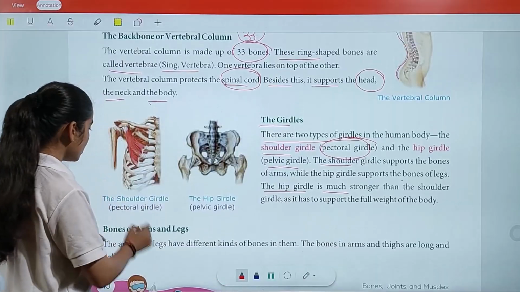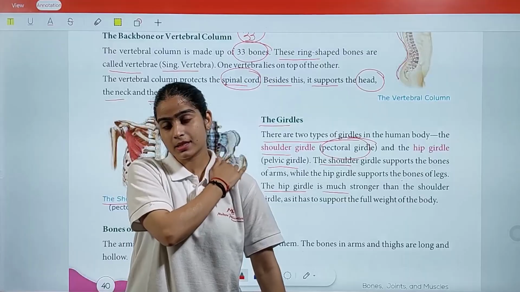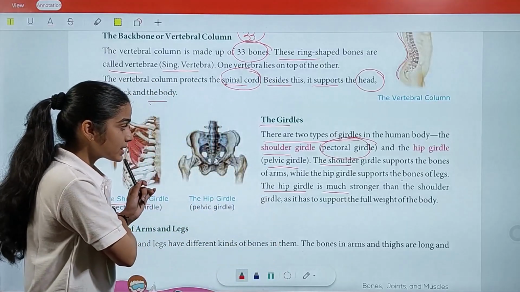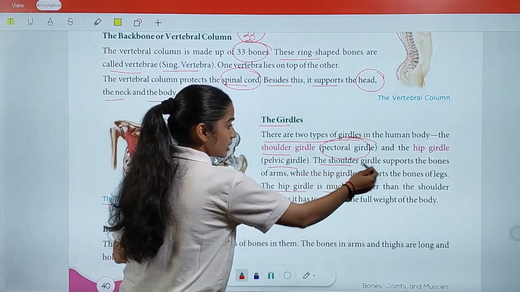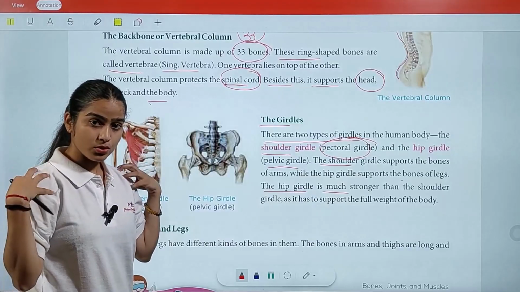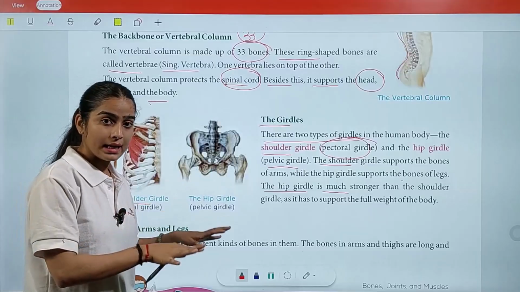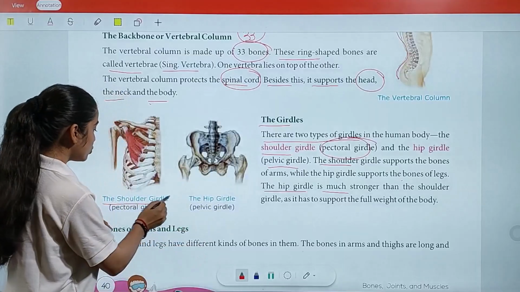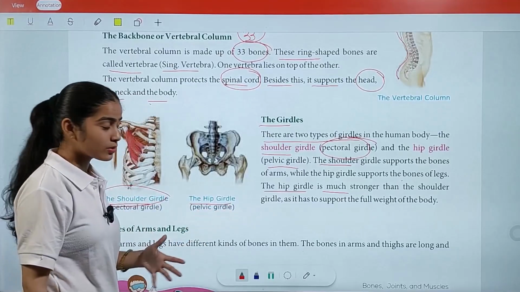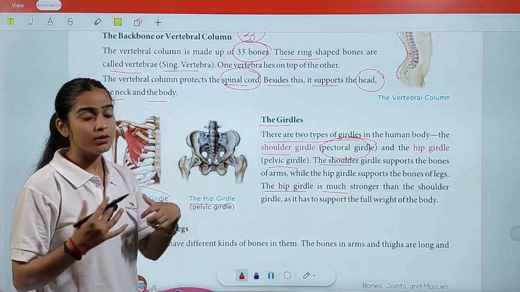This is your shoulder girdle, and you can also observe your hip girdle.